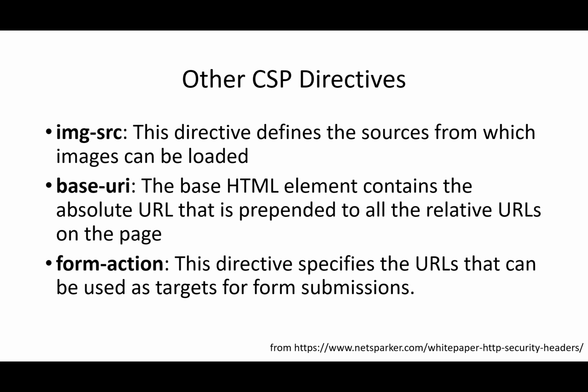So any access to a relative URI, anything with just a file name, maybe even a directory and file name, it'll put this in front of it. So it always comes from that website and that directory. And there's a form-action one that specifies where forms can go to. You can't just send forms to anywhere. You have to send them to these particular sites.